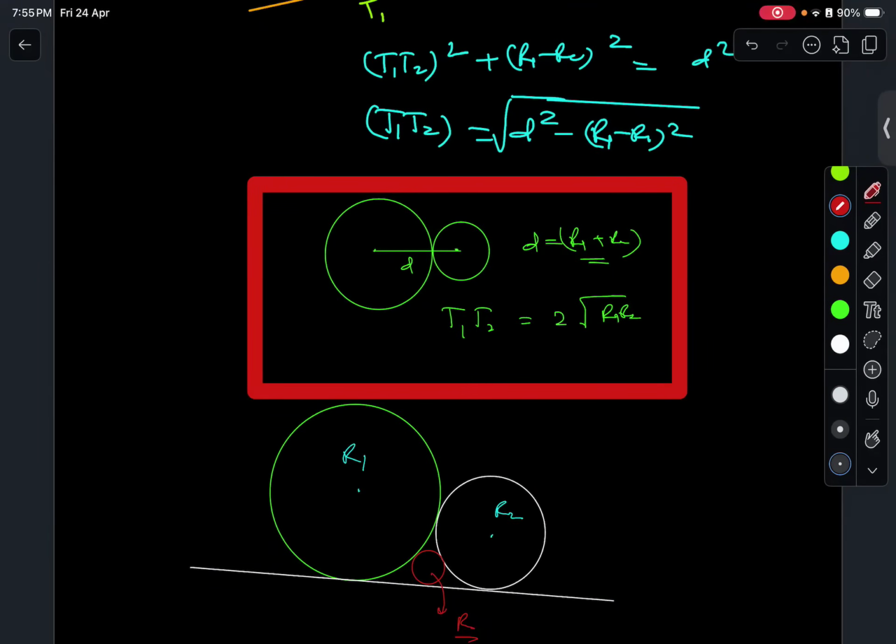Two circles. And now going for the third one. Very good.